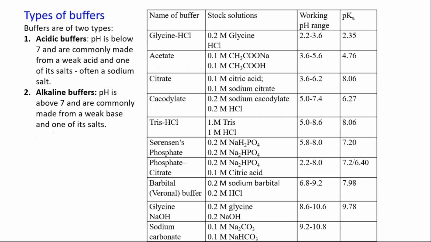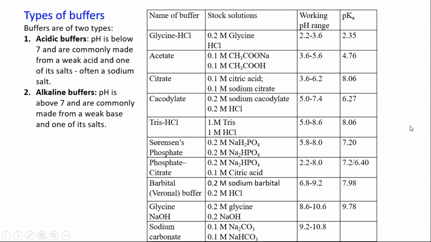So how do you prepare? There are two types of buffers. One is the acidic buffers and the other is the alkaline buffers. The acidic buffers work in the acidic pH range and the alkaline buffers work in the alkaline range, and we have some neutral buffers which work in the neutral pH.